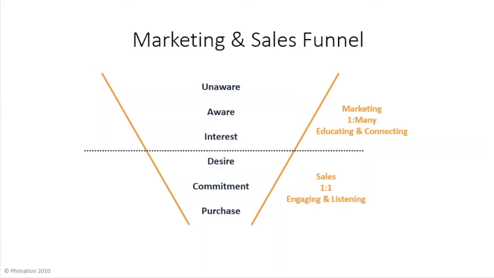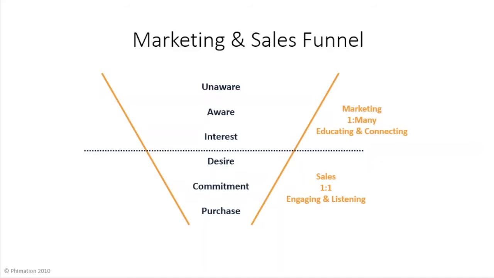Many stage 2 companies, so in startup, you really don't have much marketing generally, and many stage 2 companies are still trying to handle the whole funnel with labor, with their salespeople cold calling people and doing things like that. That is a very inefficient way, and you just can't afford to do that in today's environment. So with marketing, you want to do one-to-many, and the point of that is about educating.